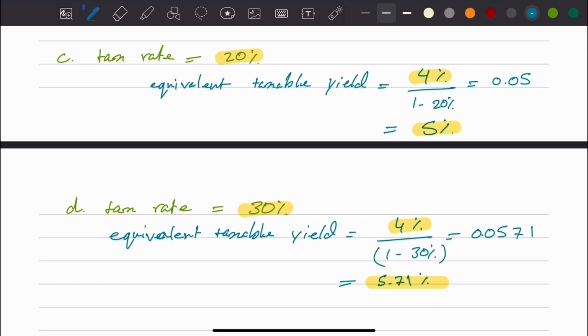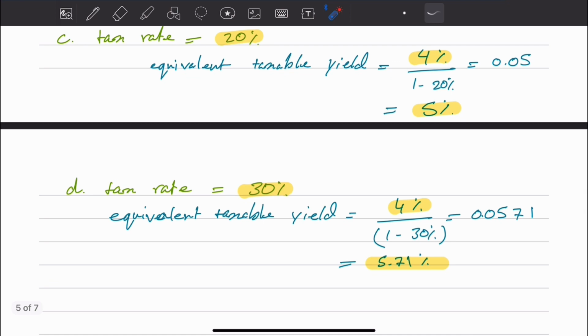Okay, so that is the hurdle rate, or the cutoff point. So if the taxable bond pays out more than 5.71%, then the corporate bond is going to be the better investment. If it pays out less than 5.71%, then he's better off to invest in the municipal bond and take the 4% yield.